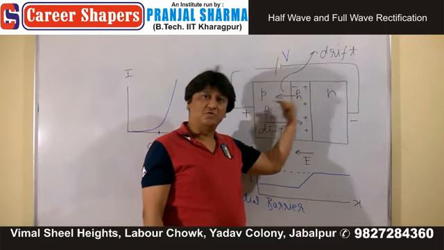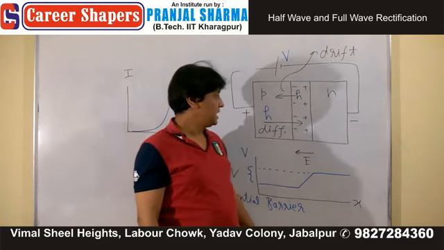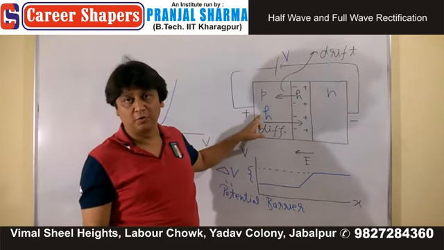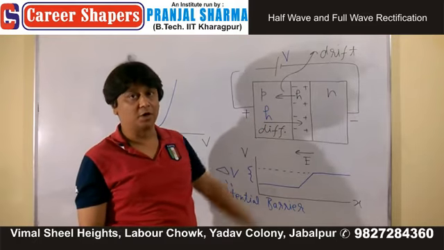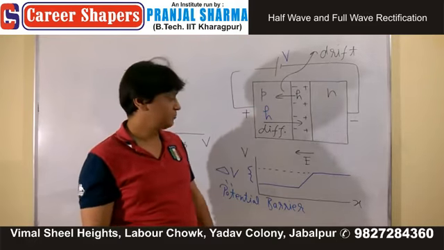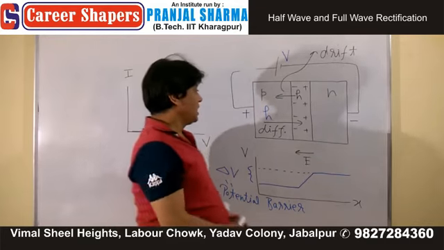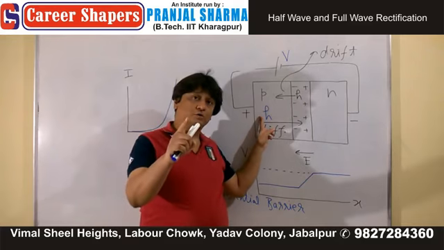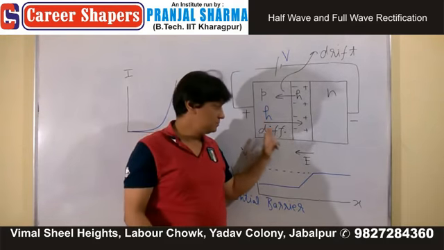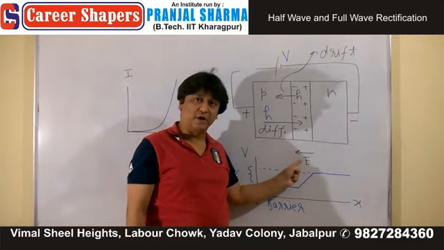This movement of holes is cancelling this movement of holes at equilibrium, at thermal equilibrium, at steady state. Now, these are those holes which can only overcome this electric field.